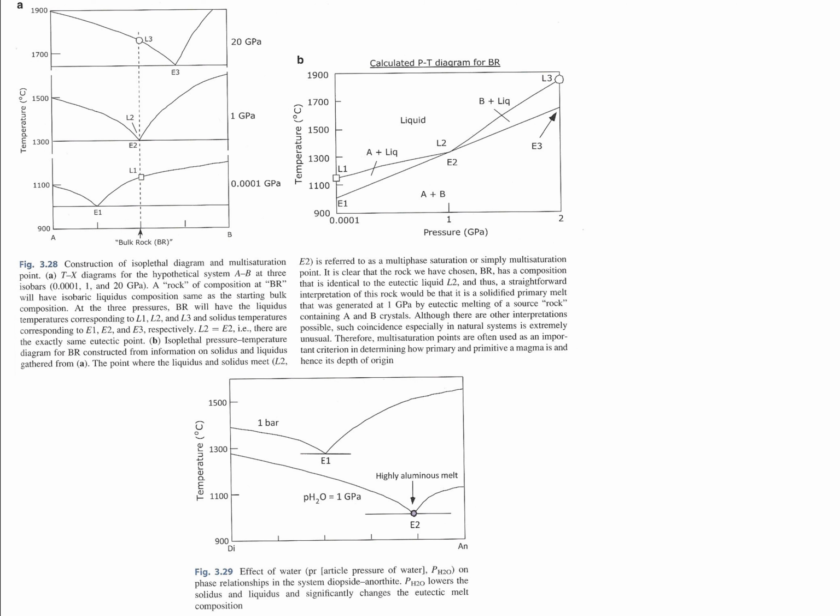And that is the phase relationship between diopside and anorthite. And here we have a eutectic point number E2. We have a highly aluminous melt, yeah, because we have the phase relationship between diopside and anorthite, and the anorthite has aluminium inside, whereas in the diopside we do not have aluminium inside.